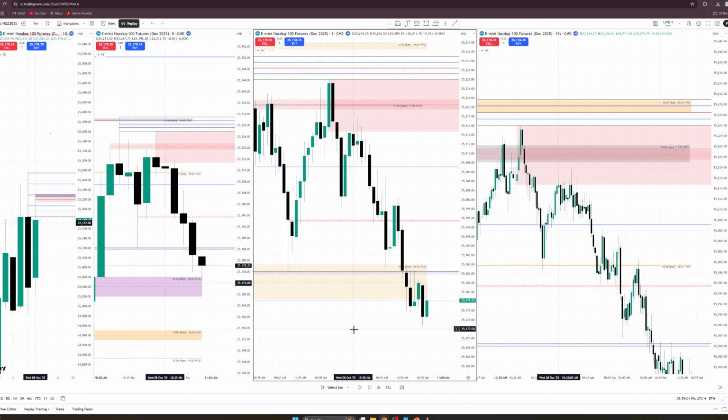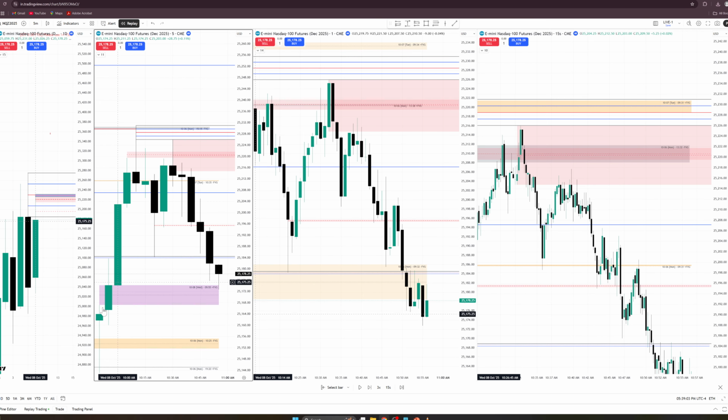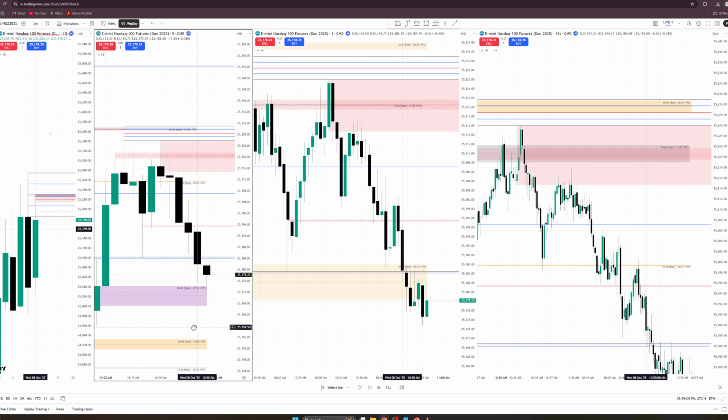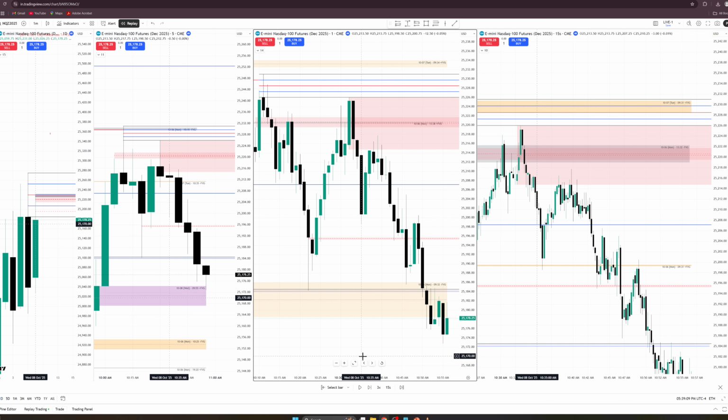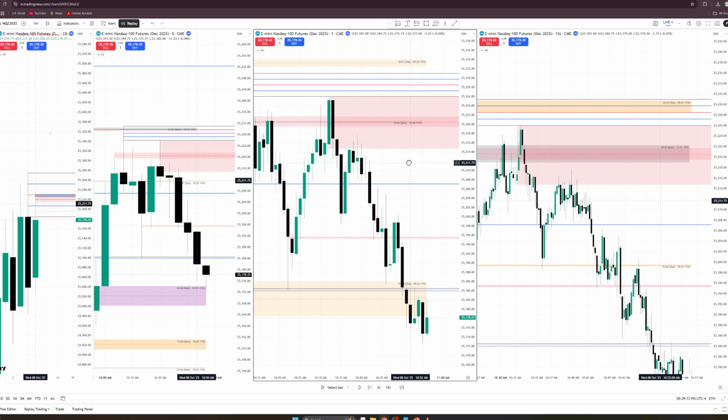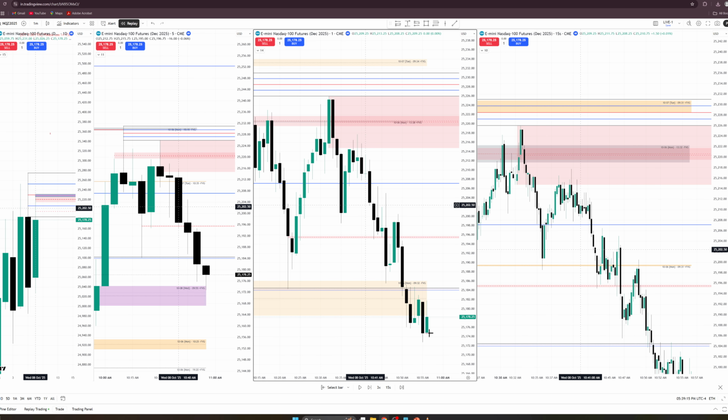So finally, price came back into this 15-minute fair value gap. So now we shall review this part of this price action.